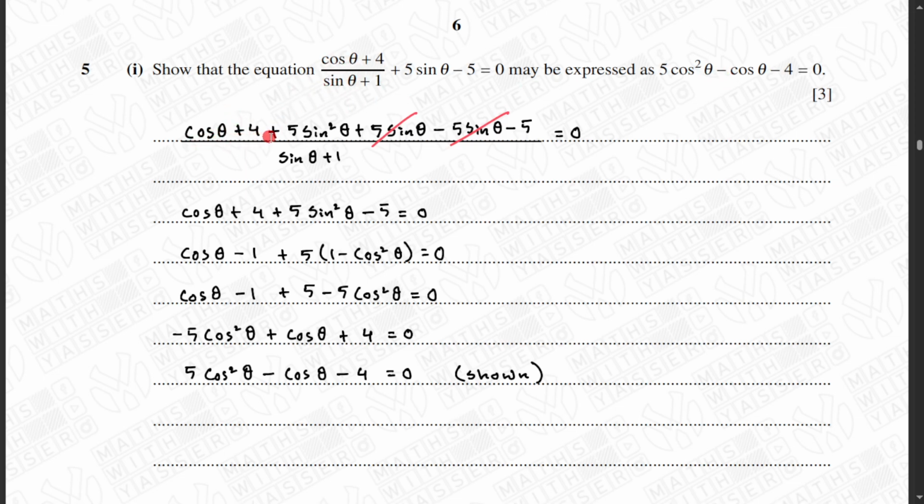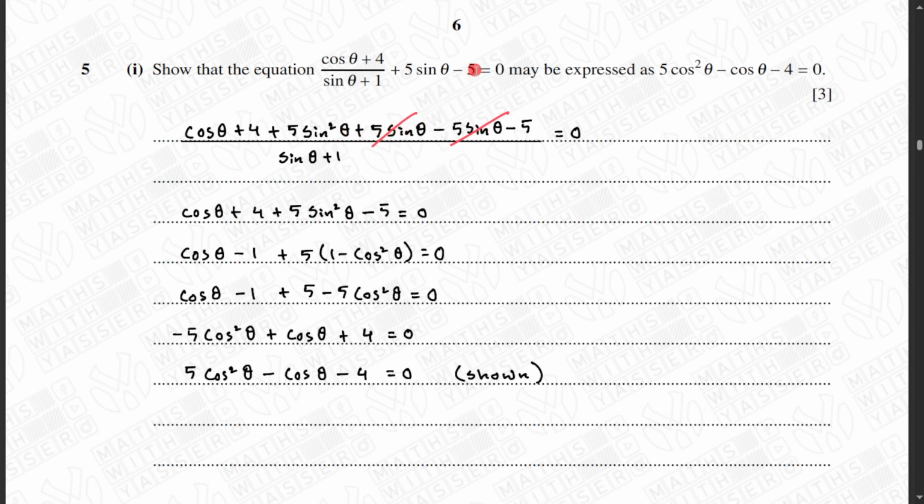So cos theta plus 4, if we do LCM, that means sin theta plus 1 will be in the denominator and cos theta plus 4 will remain the way it is, and we need to multiply sin theta plus 1 with 5 sin theta, which gives us 5 sin square theta plus 5 sin theta.